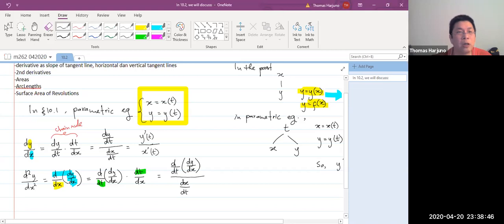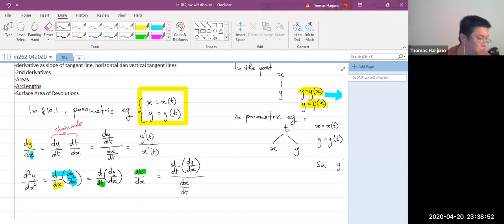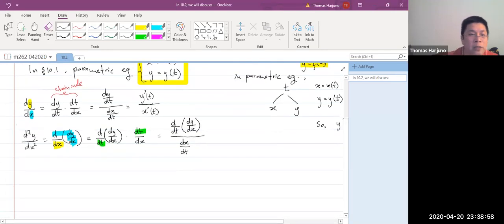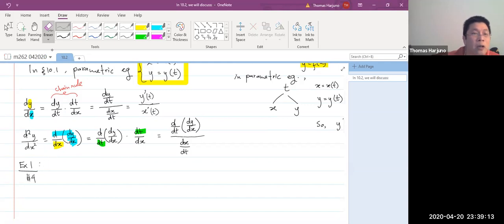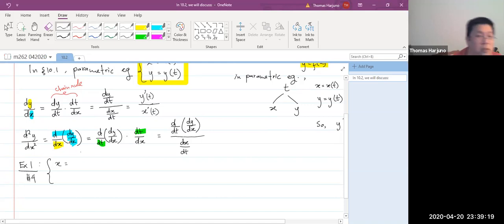Now, of course, those are the theory, but with this theory, we have enough to do some questions. Of course, I will put more details later on. Now, let's see. For example, if I do a problem from our textbook, let's do question number 4. We have x equals t minus t to the negative 1, and y equals 1 plus t squared.